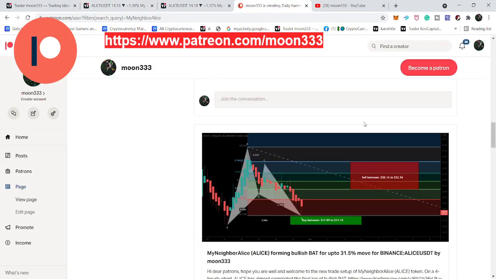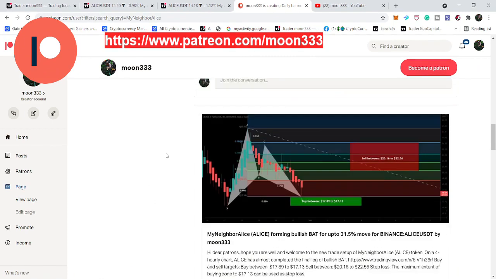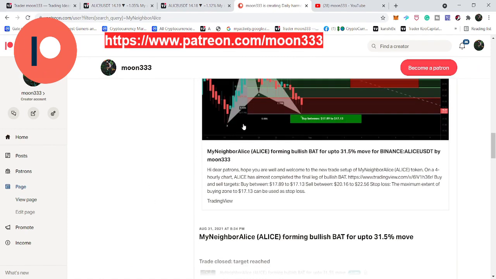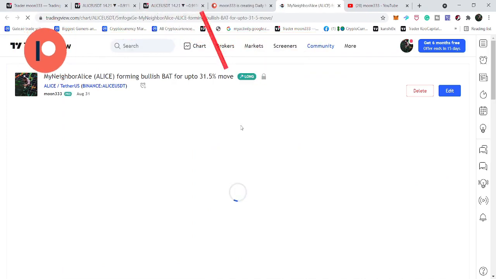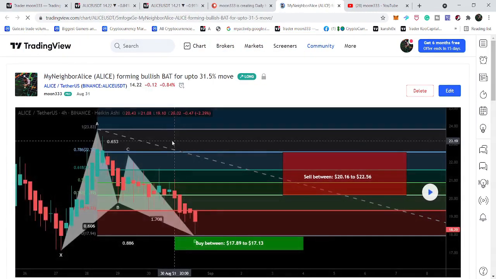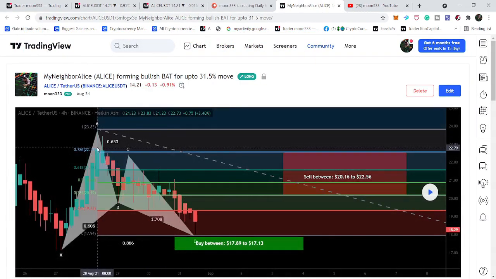My last idea that I shared about the Alice token was on 31st of August, that I shared for my members at the Patreon, and I told them that the price line of My Neighbor Alice token has completed the final leg of a harmonic bullish reversal bat move on the 4-hourly time frame.